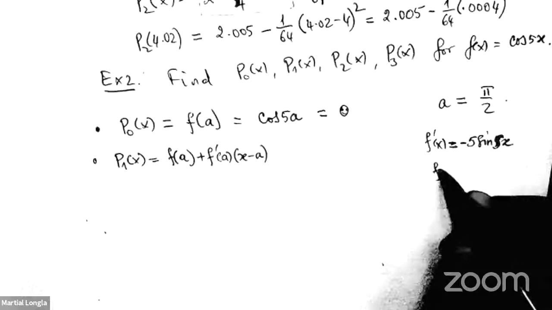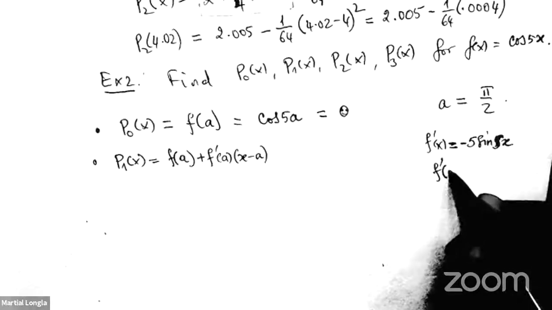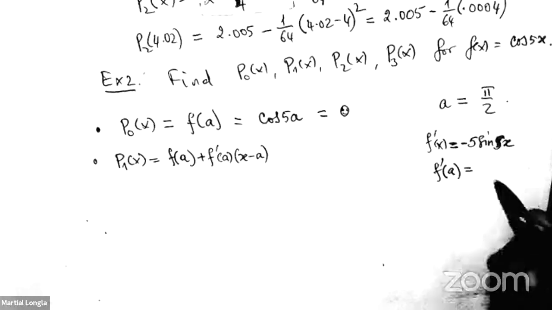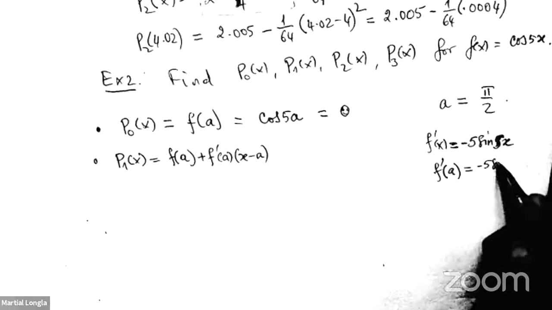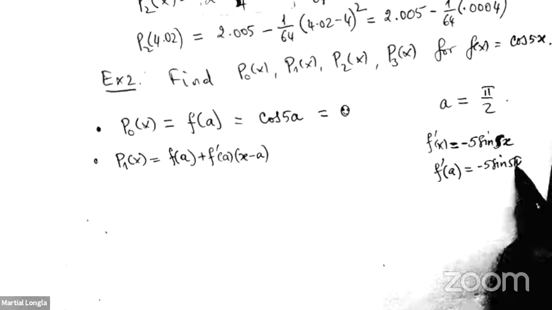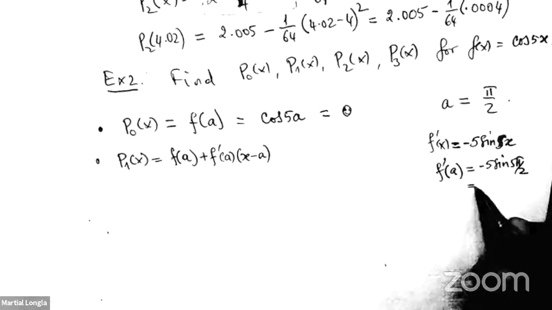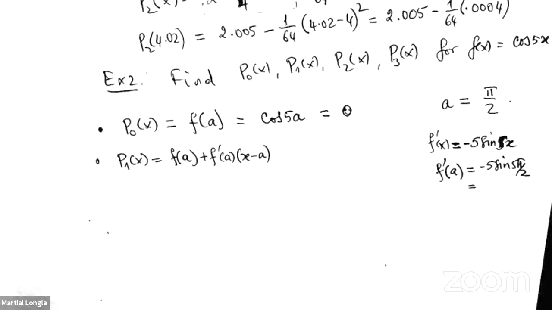And so here f prime of a, and a is pi over 2, that is negative 5 sine 5 pi over 2. And sine of 5 pi over 2, would that be 1? Yes, that's 1.